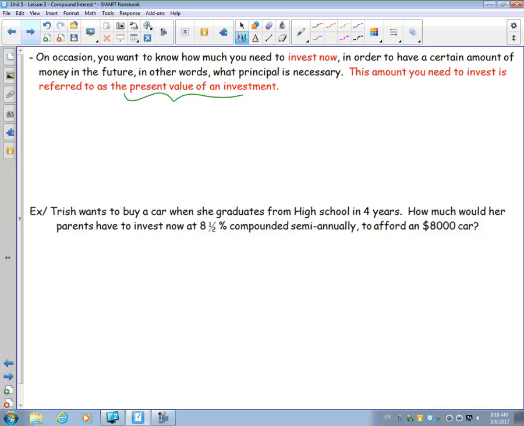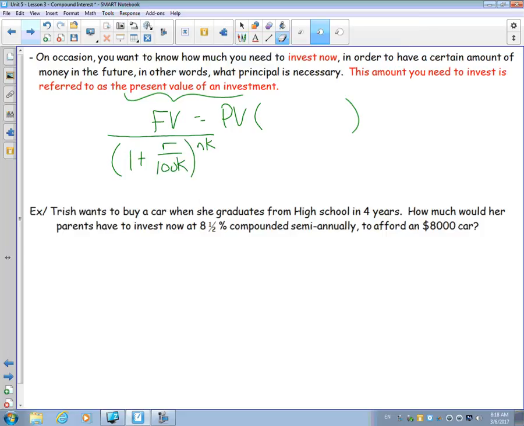So to find our present value, we can take our future value, and instead of having the brackets over here and multiplying together, we can bring them to the other side and actually do some dividing. So R over 100K to the NK. So we can get rid of the multiplying and turn it into dividing.